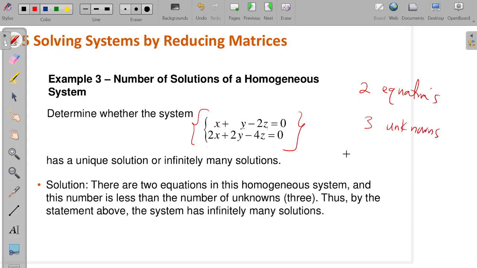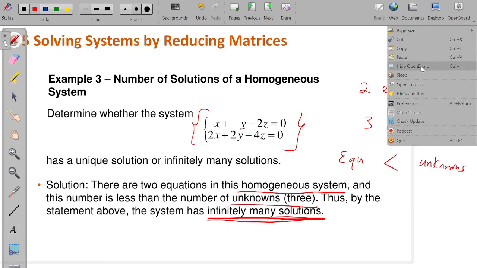So since the number of equations is less than the number of unknowns, we have infinitely many solutions. There are two equations in this homogeneous system, and this number is less than the number of unknowns, which is 3. Thus, by the statement above, the system has infinitely many solutions. Please take note of that.